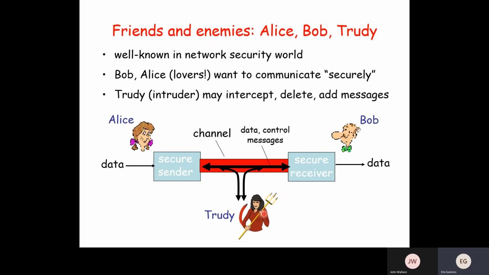Sometimes Trudy wants to get a copy of the conversation between Alice and Bob. Sometimes Trudy wants to modify what they are saying to each other. Sometimes she wants to put in a new message that was not generated by them. Okay, so we are going to always use these names, Alice and Bob. They are the legitimate users, and Trudy is the attacker, the one that wants to make their life difficult, no?